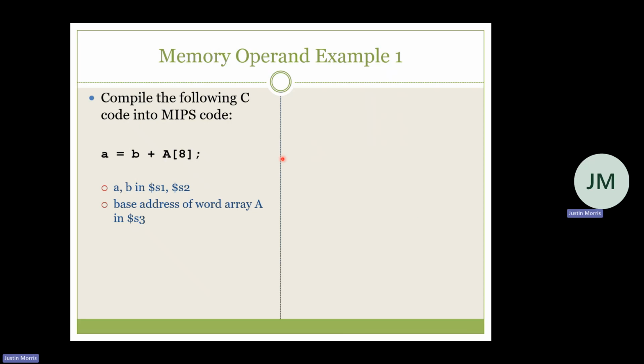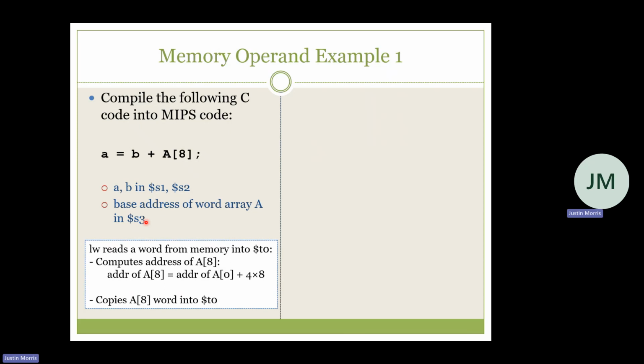So here's another example with a line of C code, and we're going to translate this into MIPS. So we're going to assume that A and B are in S1, S2, and the base address of the array A is in S3.